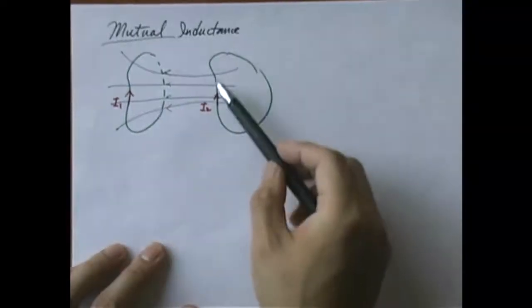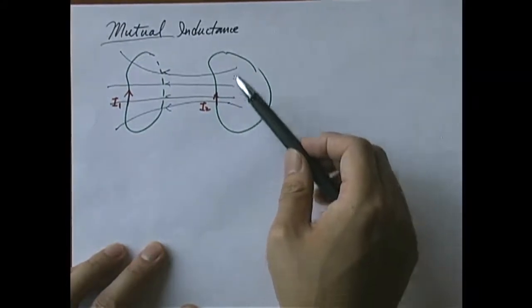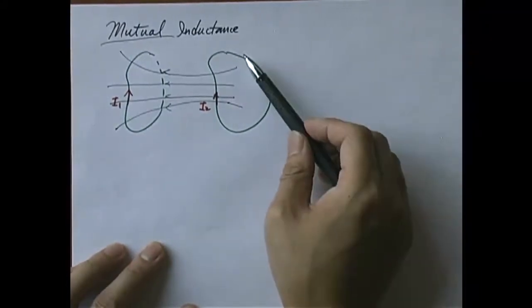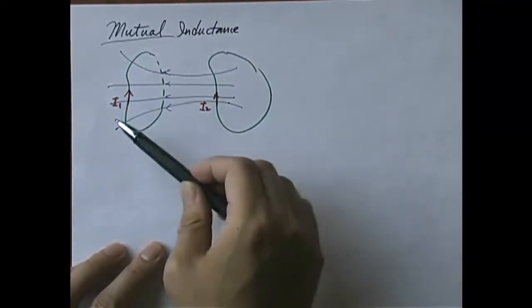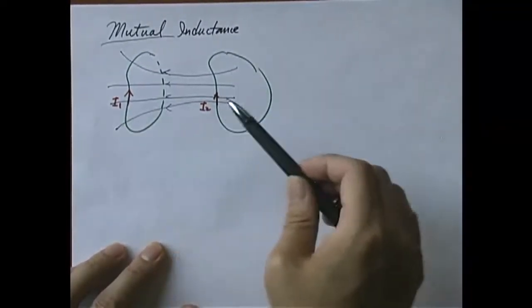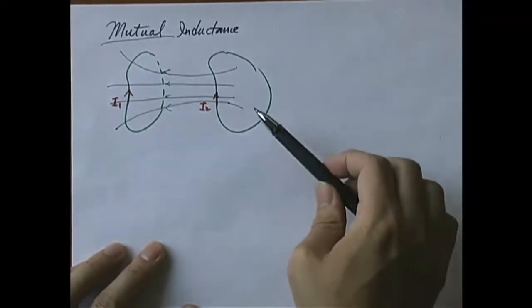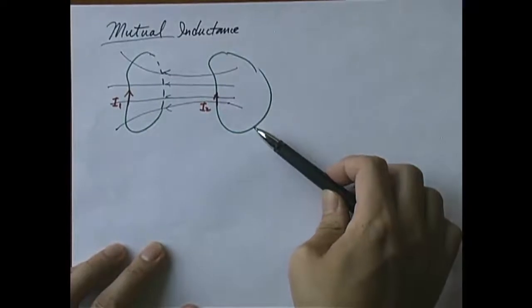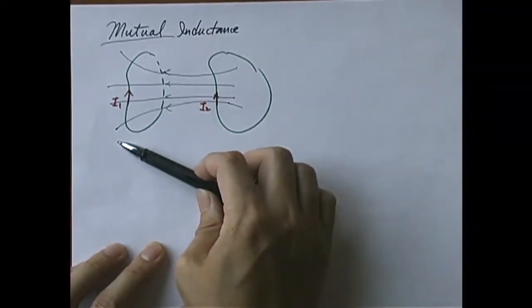The flux going through the second loop also changes, right? And then there will be an induced EMF. Now, that induced EMF is not because I2 changes, rather it's because I1 changes. So, it is possible to produce an induced EMF in an element due to the current change in somebody else, okay, a nearby element, right?